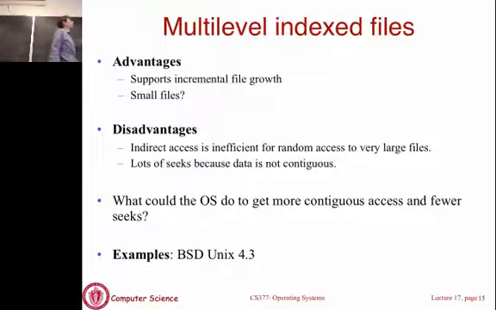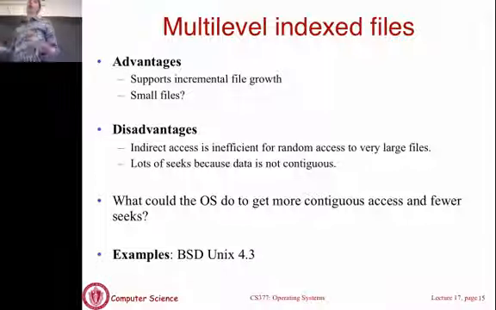Now, one other thing you actually could do for contiguous access is run a disk defragmenter, right? I assume that's a term most of you have heard of. You can download a utility for your machine, and when you run it, it reorganizes how everything is laid out on your disk in order to get everything as sequential as possible.